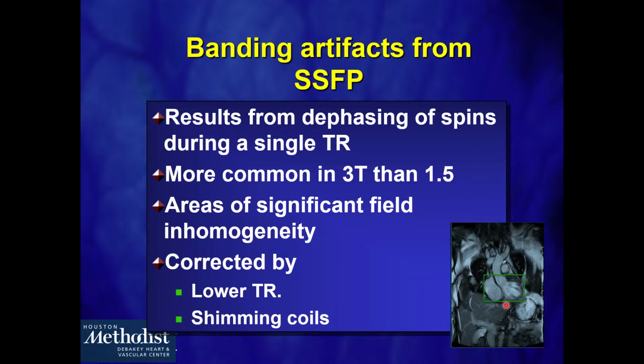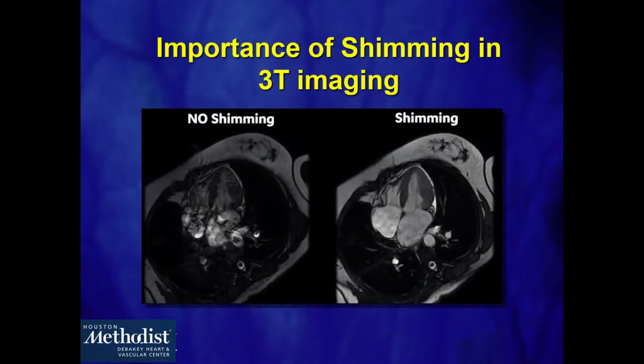So you always want to apply special types of coils, which we call shimming coils, across the heart or the area that you want to image. At the same time, you might want to minimize your repetition time, because every time you repeat the same sequence, you generate more artifact. This is a case where I'm imaging a heart, but notice the heart has a lot of inhomogeneity. This image is very disturbed.